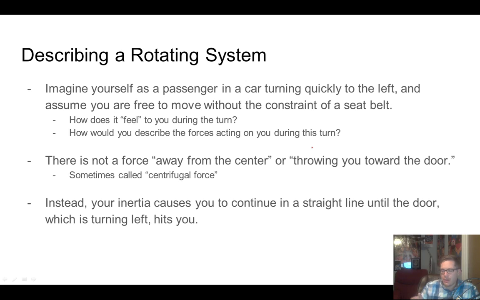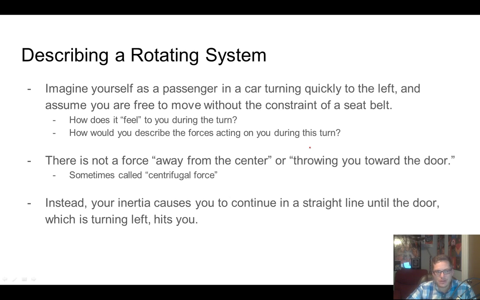But as you go forward, the friction of the centripetal force is pushing the car to the left, and so you're really just hitting the door of the car, and the car is pushing you back around. So you feel the force of the car on you, pushing you to the left as you go around the circle. It's kind of bizarre and totally different.